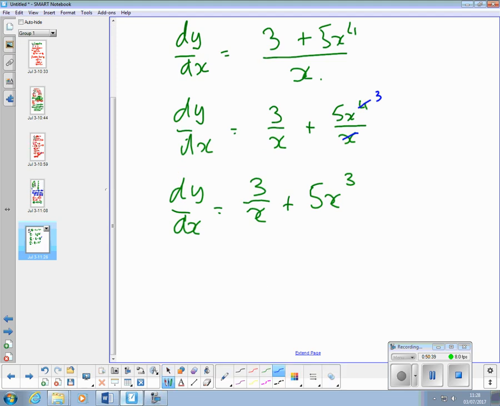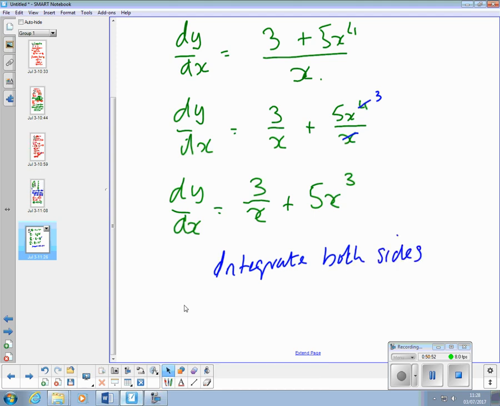We then integrate both sides. If we integrate dy by dx, what do we end up with?